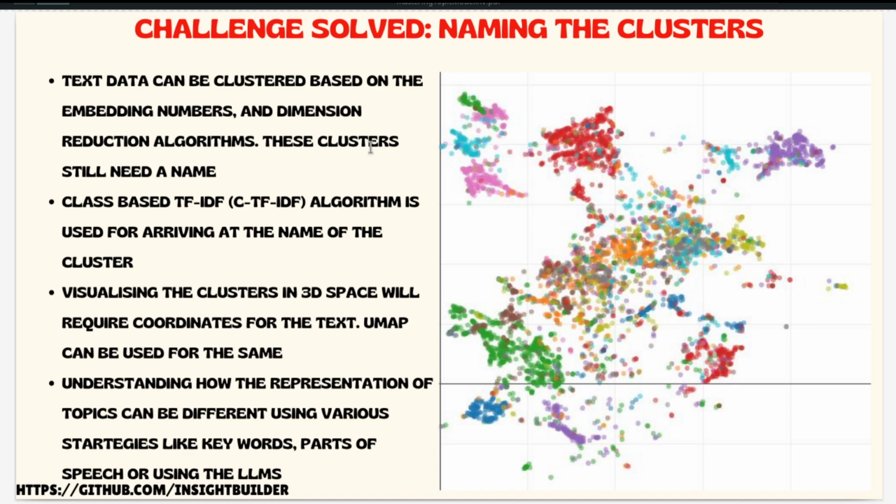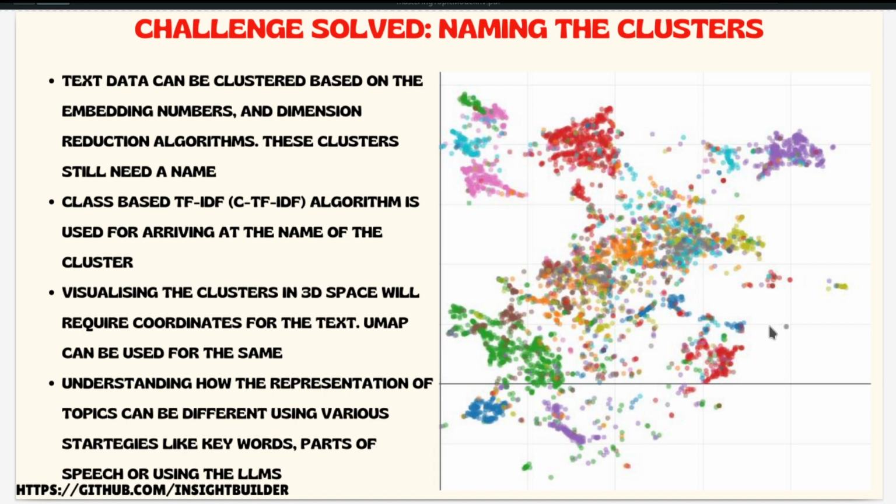Reducing the 384 dimension vectors into 3 dimension vectors is called dimension reduction. And for that, we will be using UMAP. After you reduce the dimension, you will create such clusters. You see there is red at the top, there is pink in this location, there is green in this location, and also dark green in this location, blue at the bottom. So all these are various topics.